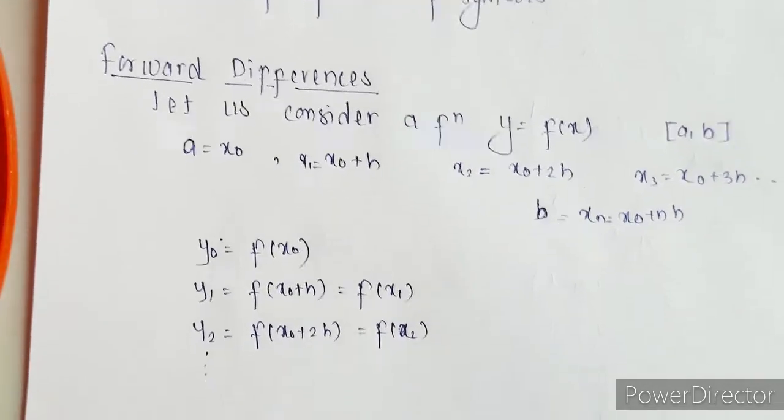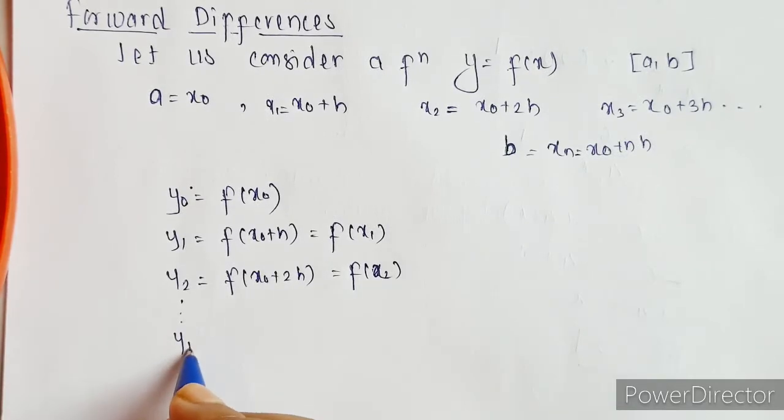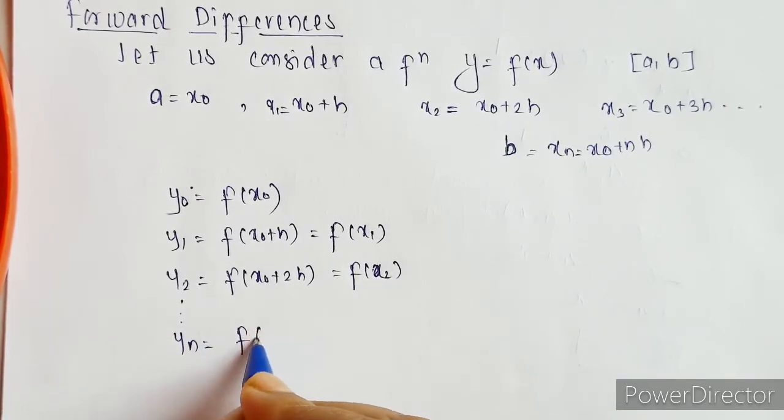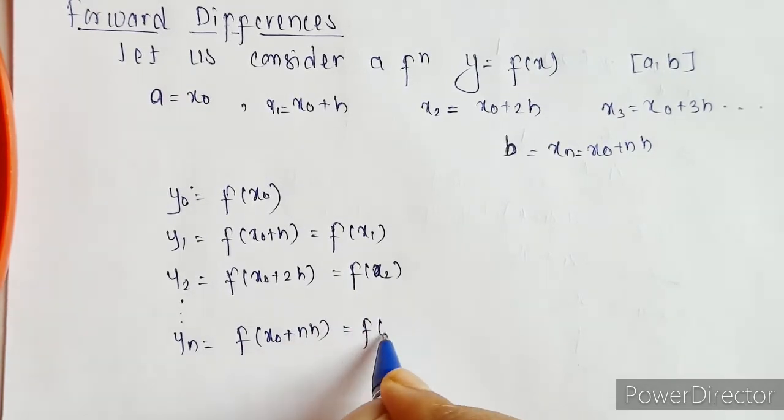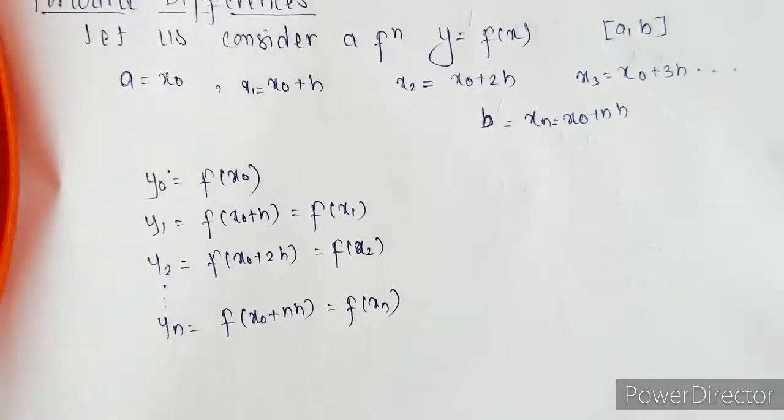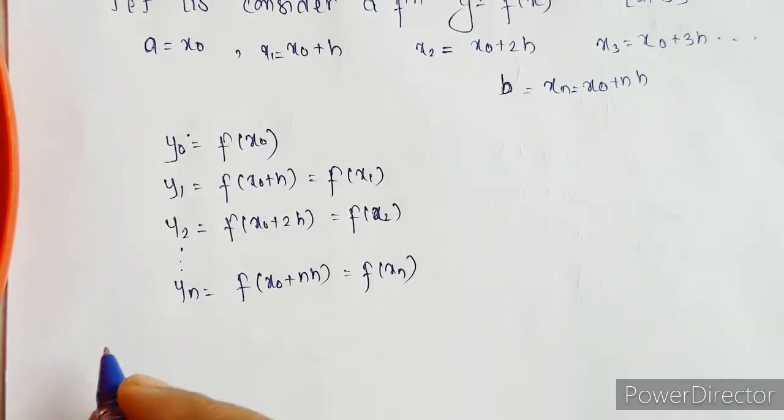It will go on, and we can write yn as f of x naught plus nh, which is nothing but xn. And suppose we take differences of this.